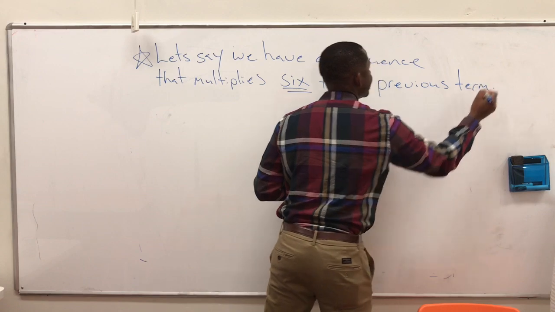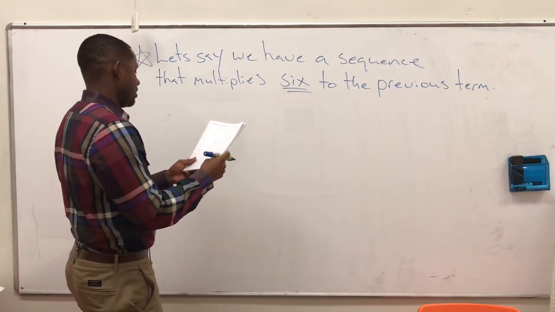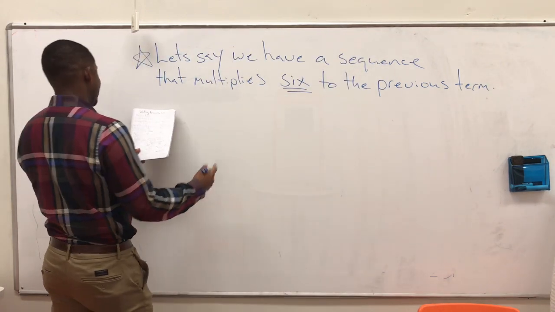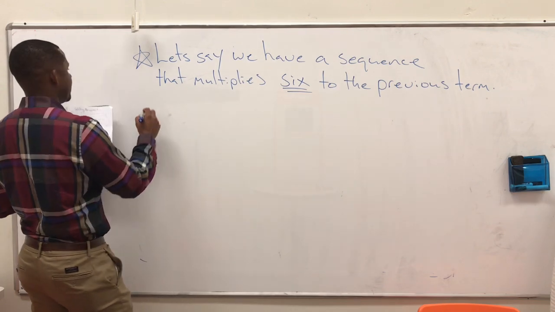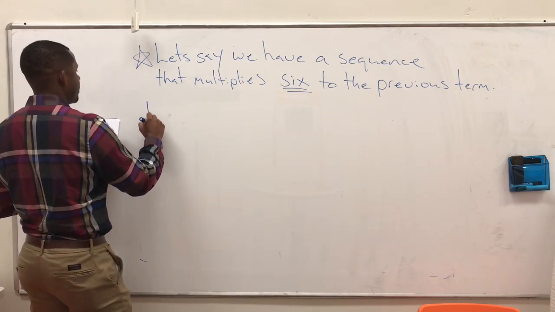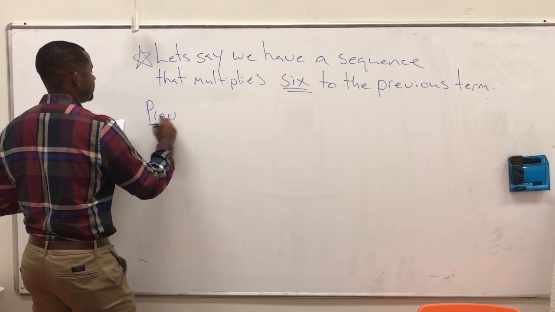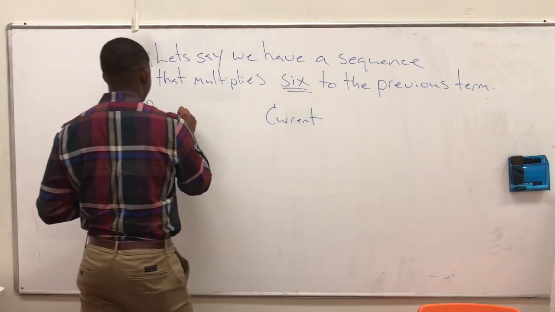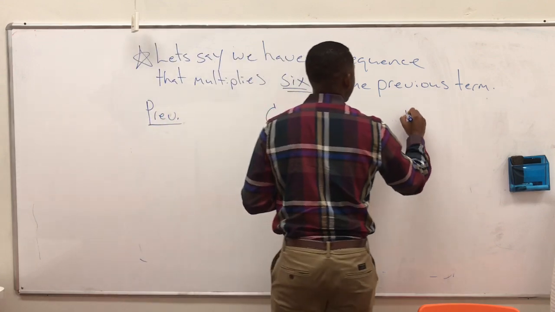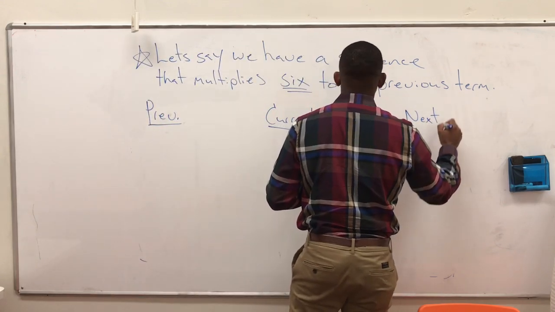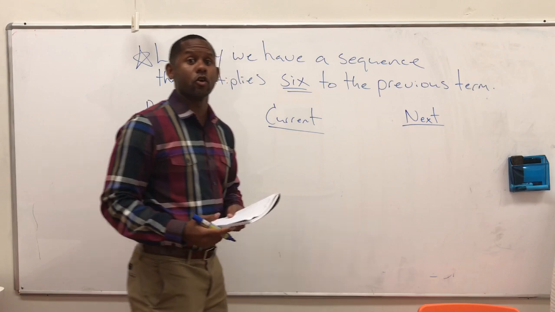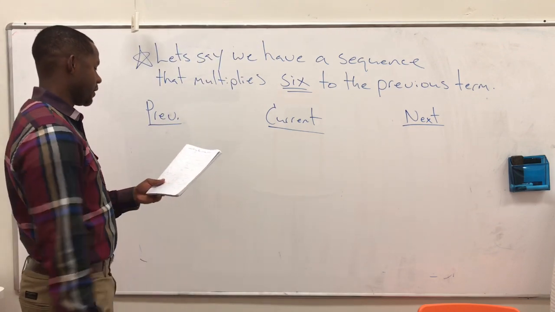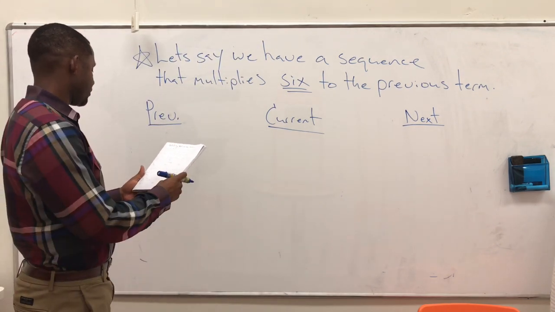All right, so we have this sequence, and it always multiplies 6 to the previous term. So let's like lay out how we're going to think about this. So we have our previous term, we have our current term, and we have our next term. And again, you're getting all this in your notebook, right? Our previous, our current, and our next.